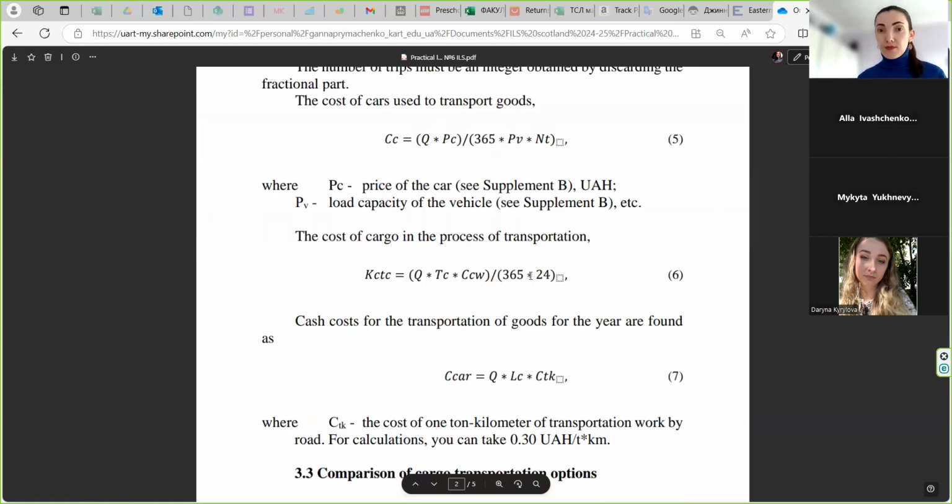Okay. And our last formula, we need to calculate only one more formula, and it is all we calculate today in our practical lessons. So I wait while you calculate the result of formula 6, and then we do the next.